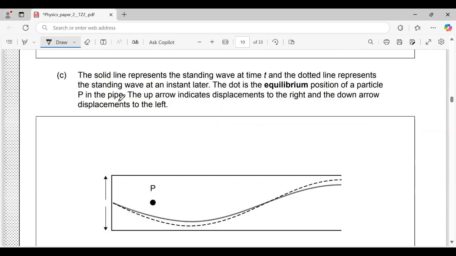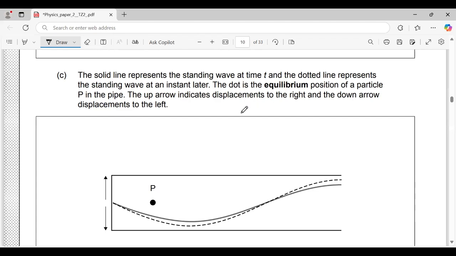The solid line represents the standing wave at time t, and the dotted line represents the standing wave an instant later. This is the dot P. The dot is the equilibrium position of a particle P in the pipe.